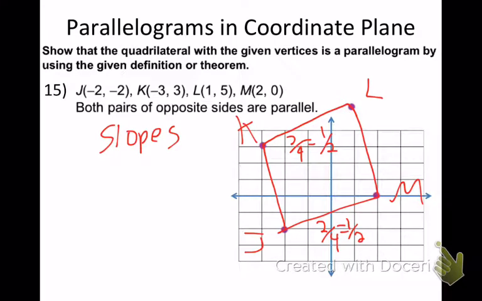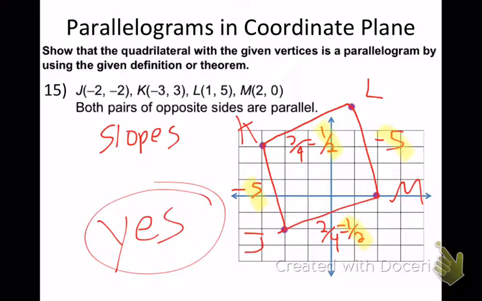Now I'm going to do K to J. What's my slope from K to J? -5. Nice job. And the slope from L to M? It's also going to be -5. Are the slopes of the opposite lines the same? Is this a parallelogram? Yeah, it's a parallelogram.